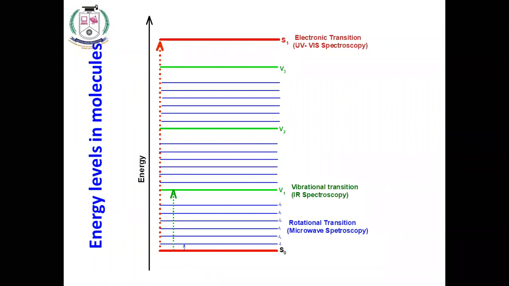If you are studying vibrational transitions, that is V0 to V1, that is known as IR spectroscopy or vibrational spectroscopy. If you are studying these blue color transitions, J0 to J1, or J0 to J2, or J1 to J2, like that, these rotational transitions, that is known as microwave spectroscopy.